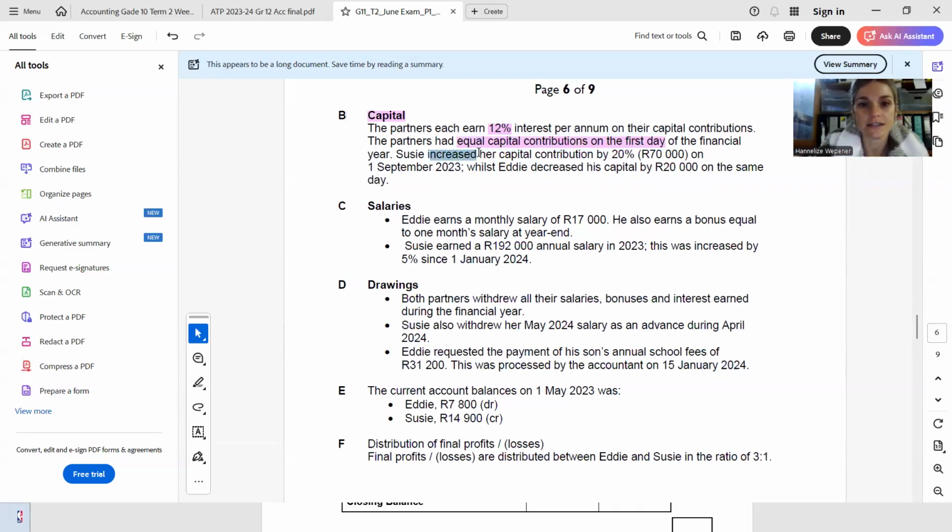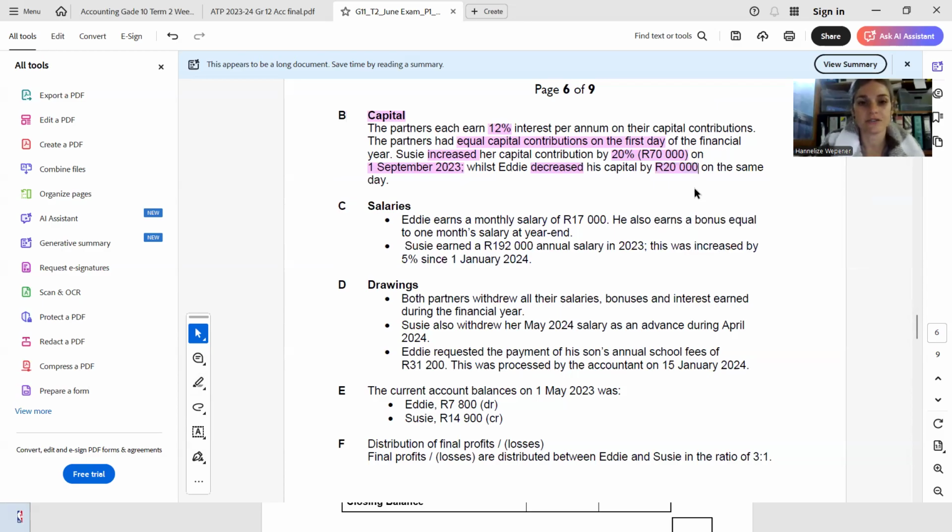And this 20% equaled 70,000 Rand. This happened on the 1st of September, 2023. Whilst Eddie, the other partner, decreased his capital by 20,000 Rand on the same day.